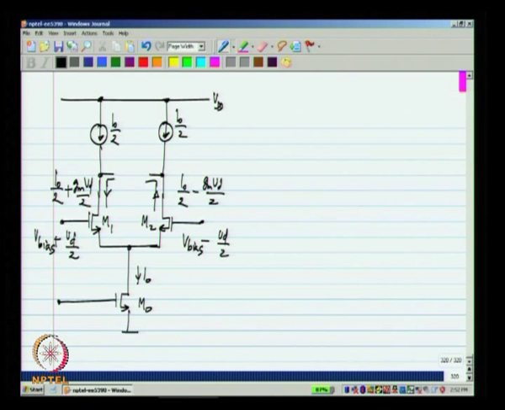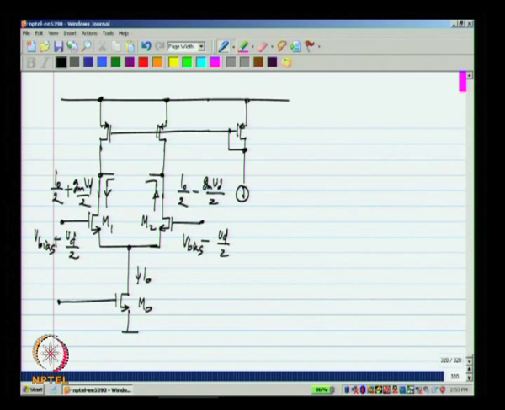Now, we can try to implement this directly, but so let us say I take 2 PMOS transistors and bias them with a current mirror.